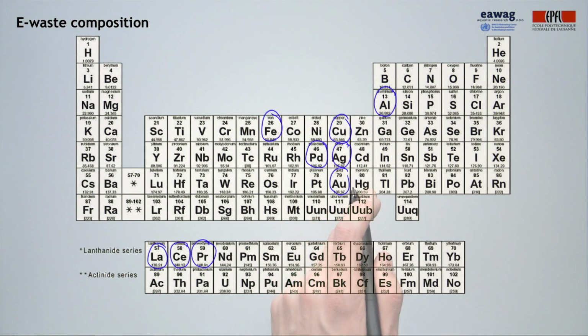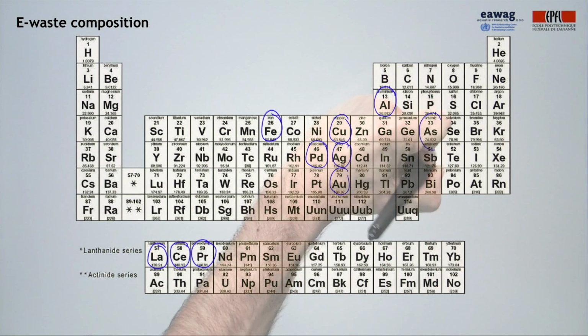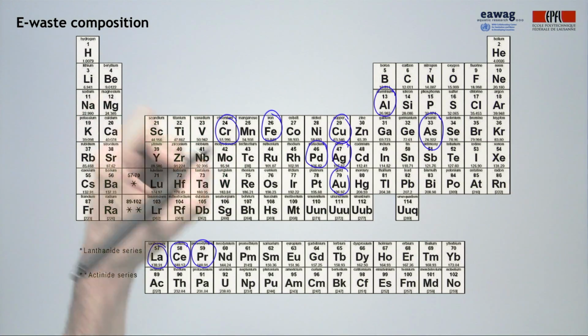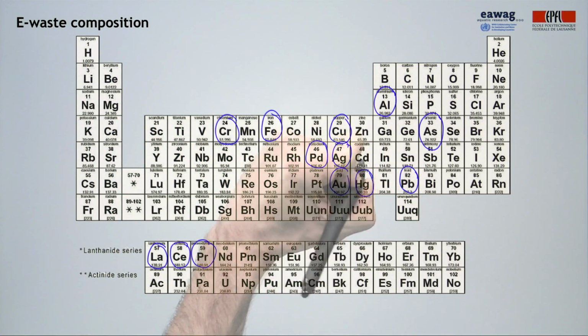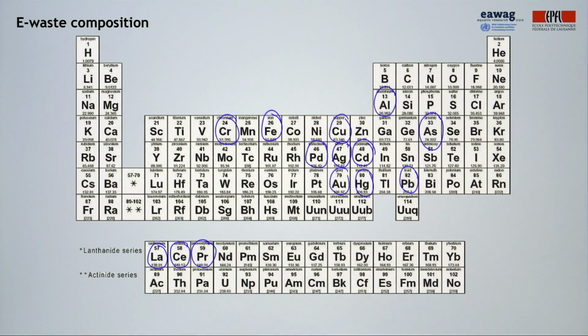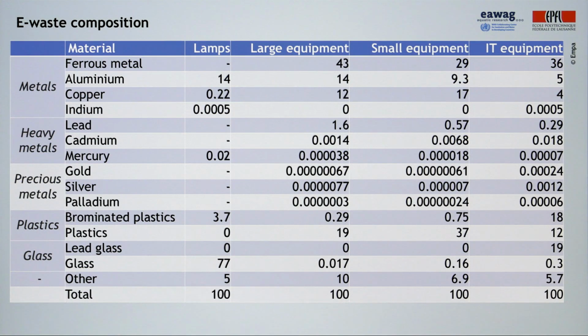In addition, e-waste also contains many hazardous materials, heavy metals for example, such as arsenic, chromium, mercury, lead, cadmium, etc., and chemicals such as chlorofluorocarbon used in cooling units, polyvinyl chloride used as cable insulator, or various flame retardants such as polybrominated biphenyls. This table shows the material composition of 4 e-waste categories in percentage.